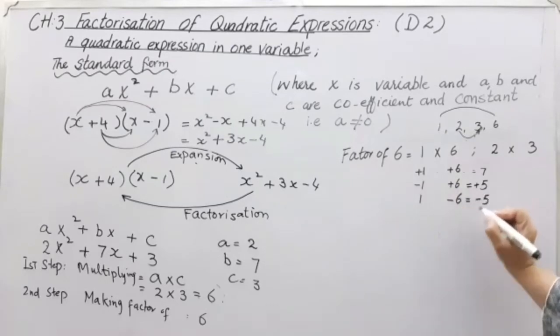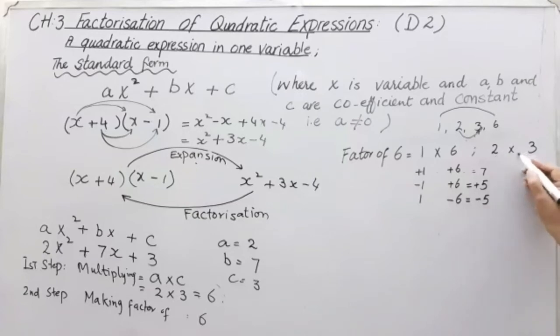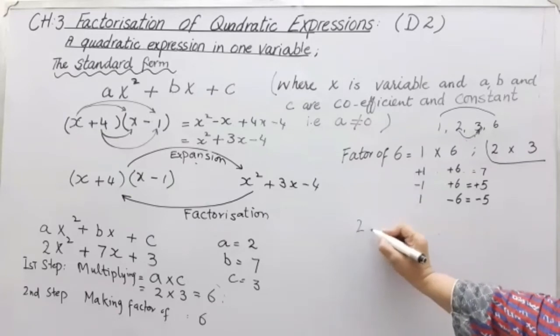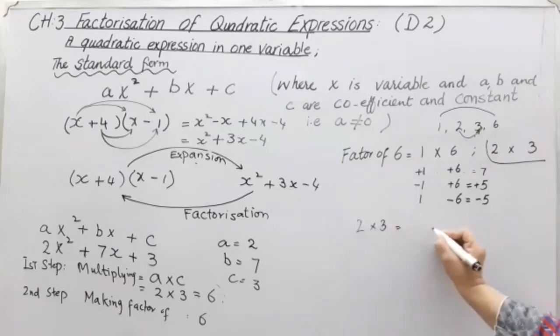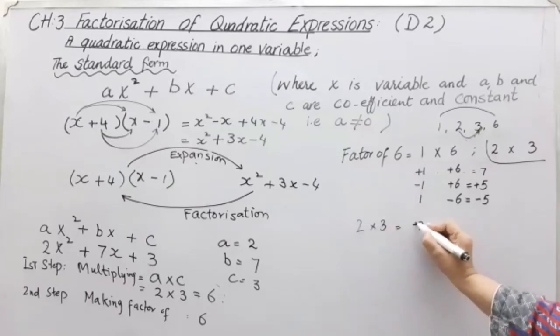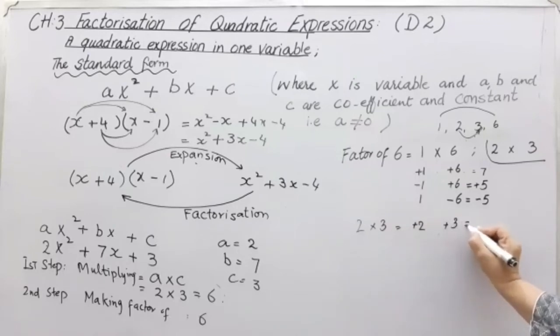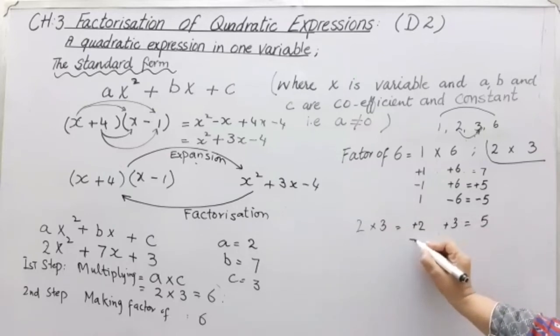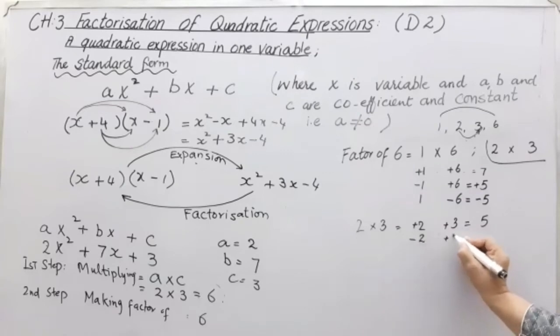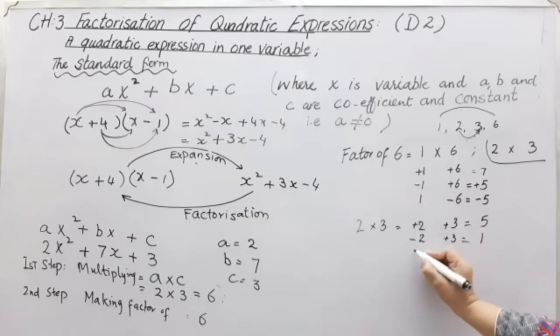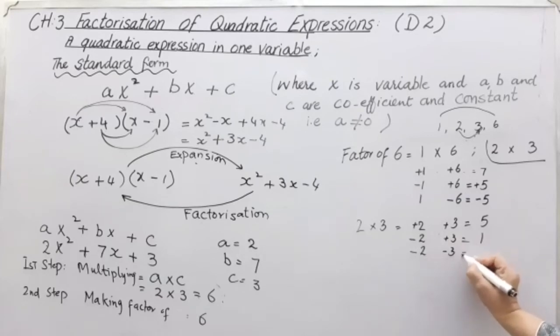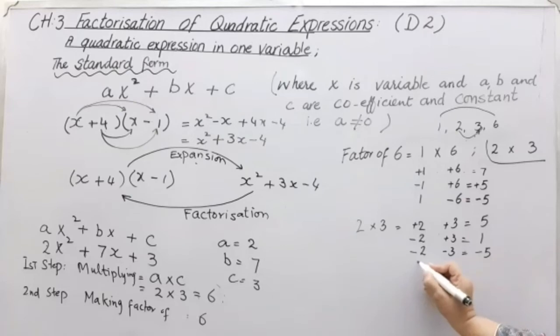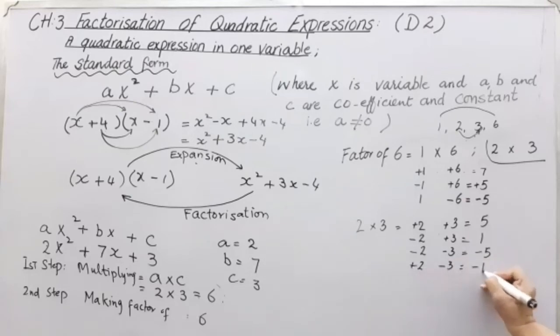Same, the second factor pair is 2 into 3. Plus 2 plus 3 is 5, minus 2 plus 3 is 1, minus 2 minus 3 is minus 5, plus 2 minus 3 is minus 1.